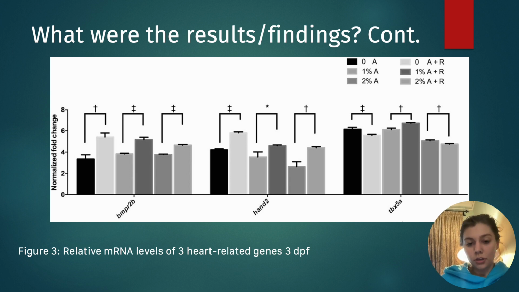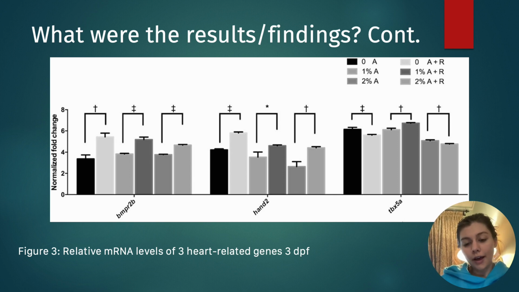And then similarly in the middle one, HAND2, the resveratrol treatment significantly increased HAND2 mRNA expression in both groups treated by resveratrol compared to the groups just exposed to alcohol.